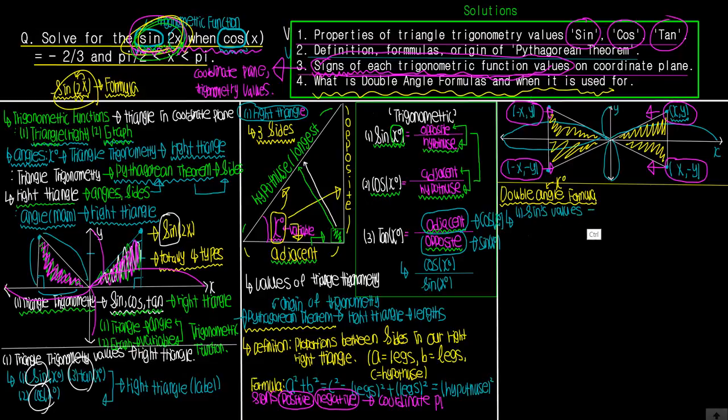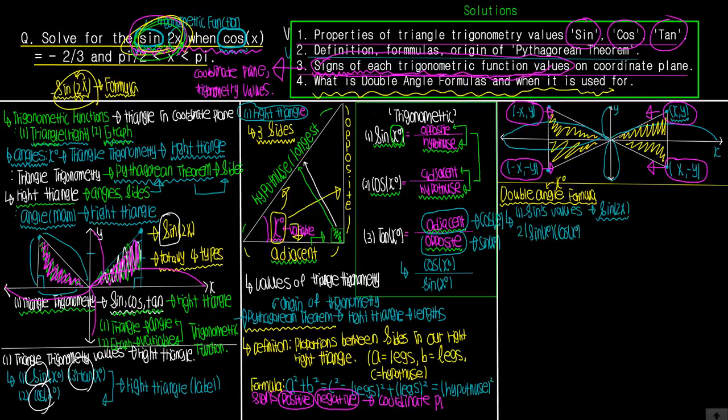So for the sine value, when we're trying to solve the sine of 2x, there are obviously going to be more formulas that we need to use depending on the times, but we will learn them when we face those questions. This time, to solve the sine of 2x, the formula, which we call the double angle formula, is that sine of 2x is the same thing as 2 times sine of x times cosine of x degrees.